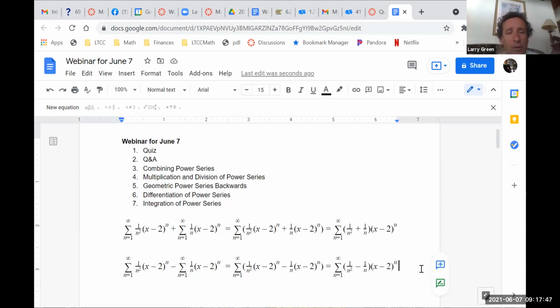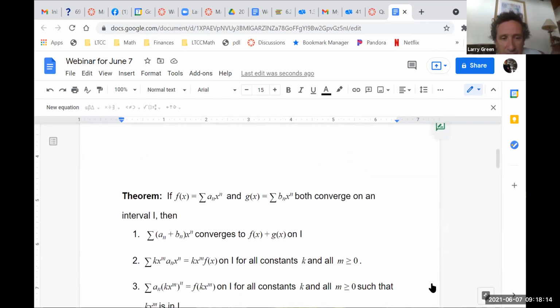One of the big questions is, if you know the interval of convergence of the first, and you know the interval of convergence of the second, and you add or subtract, what can you say about the interval of convergence of the sum or the difference? Does that make sense to everyone? That's a very important question, and the answer is a theorem. So let me show you the theorem.